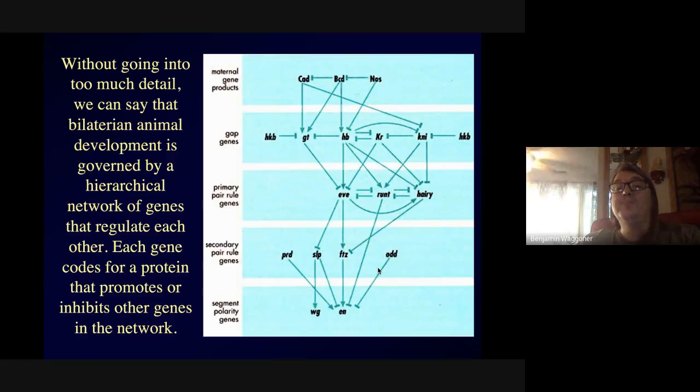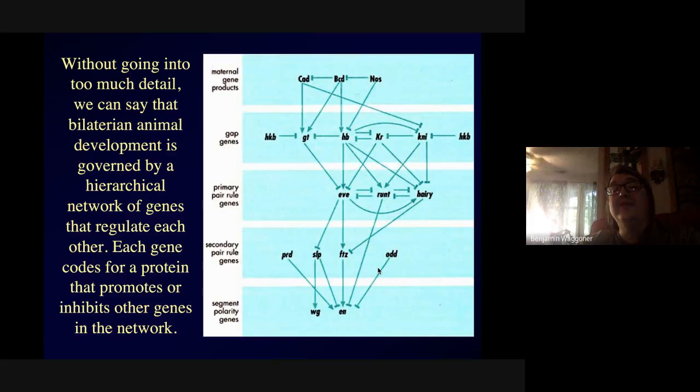So bicoid promotes a gene called HB. I think that stands for hunchback. NOS represses the gene hunchback, HB. HB represses and is repressed by a gene on that level called KR. I think that stands for Krüppel, which in turn is repressed by a gene called KNIRPS, abbreviated KNI.